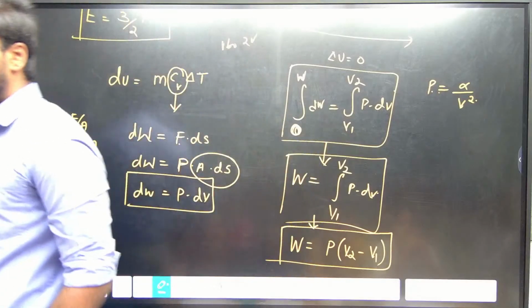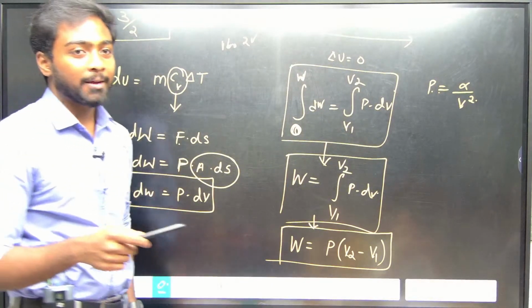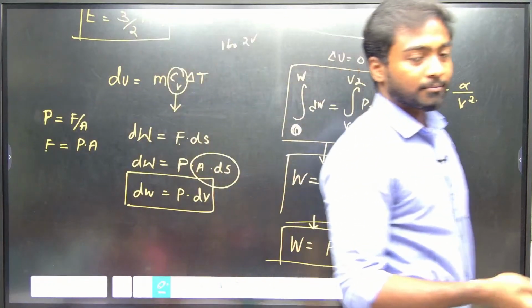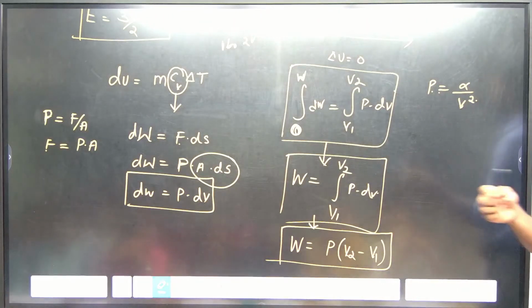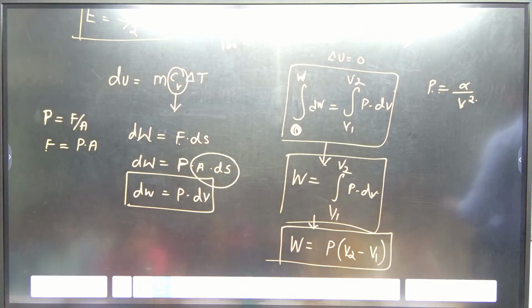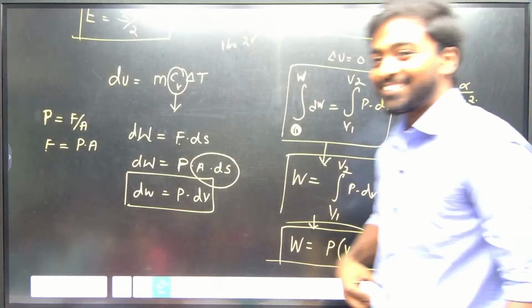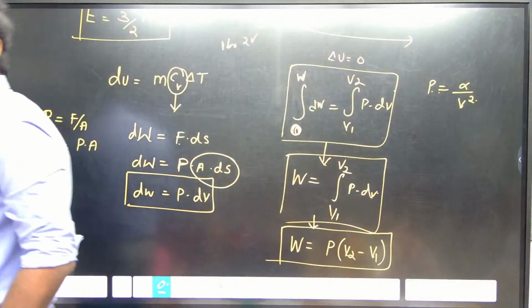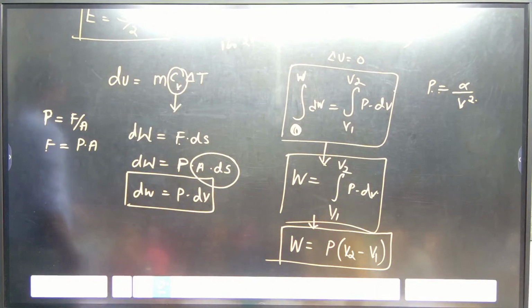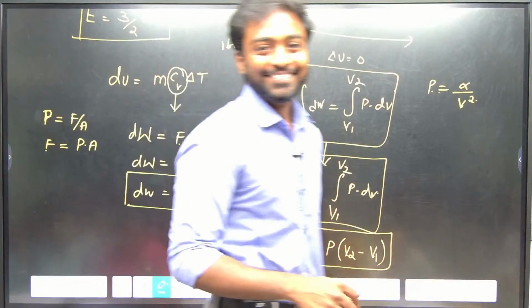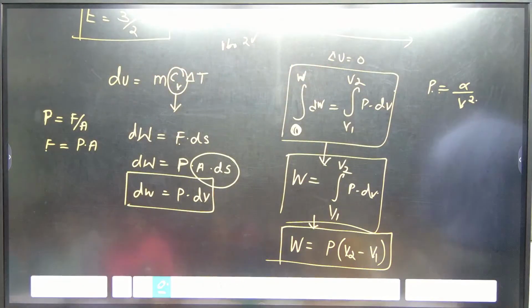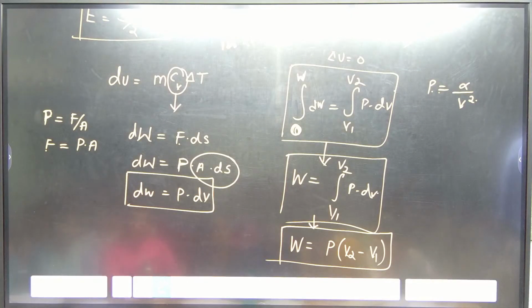X power n integrates to x power n plus 1 by n plus 1. Then apply the limits, upper limit minus lower limit. See, alpha is constant, take out the alpha, keep it aside, only integrate 1 by V square, that's it.